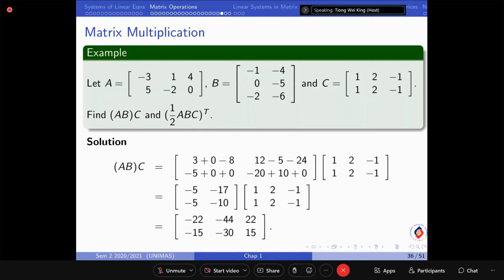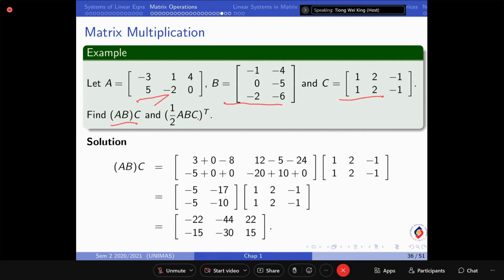So this is an example of matrix multiplication. Given A is this matrix, B is this matrix, and C is this matrix. Find (A times B) times C, and also half of ABC, and then transpose.